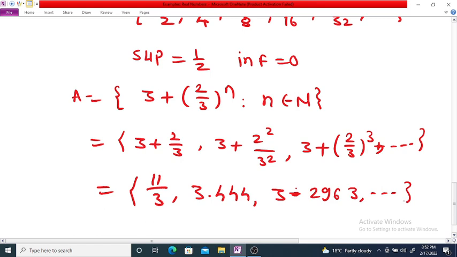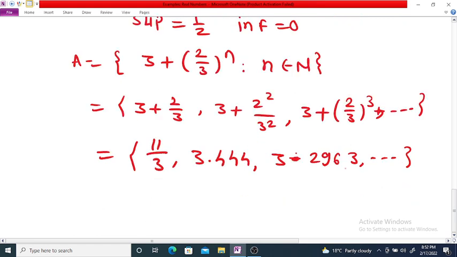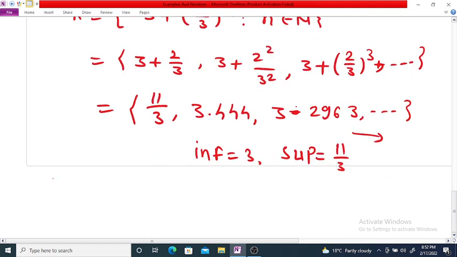So you can see here this sequence is a decreasing sequence. So here the infimum is equal to 3 and the supremum is equal to 11/3, that is 3.6 something. 11/3 is equal to 3.667.